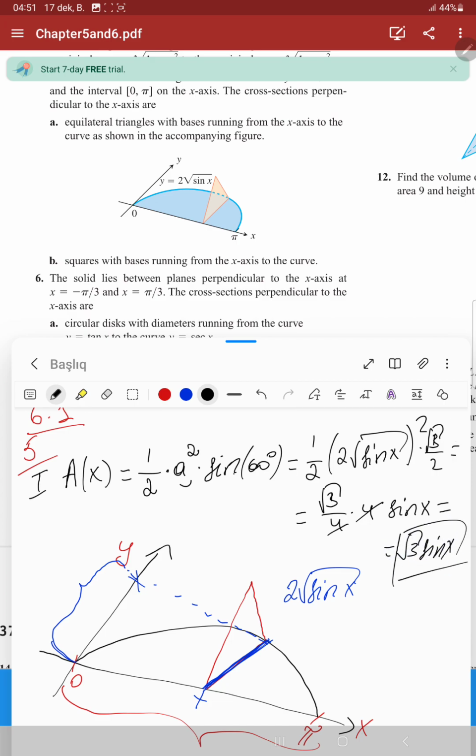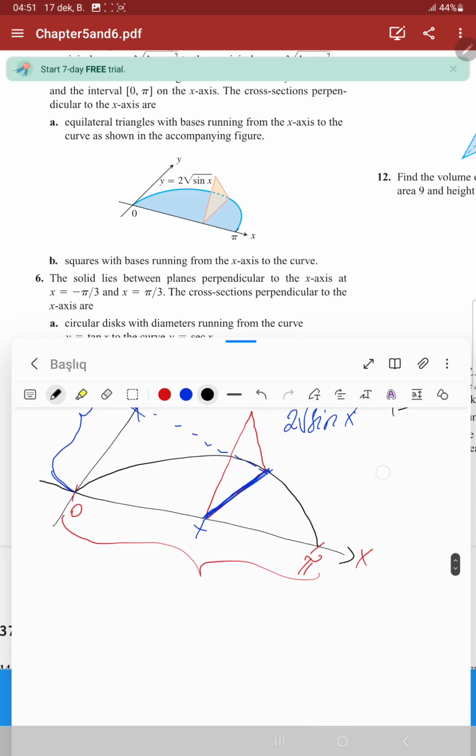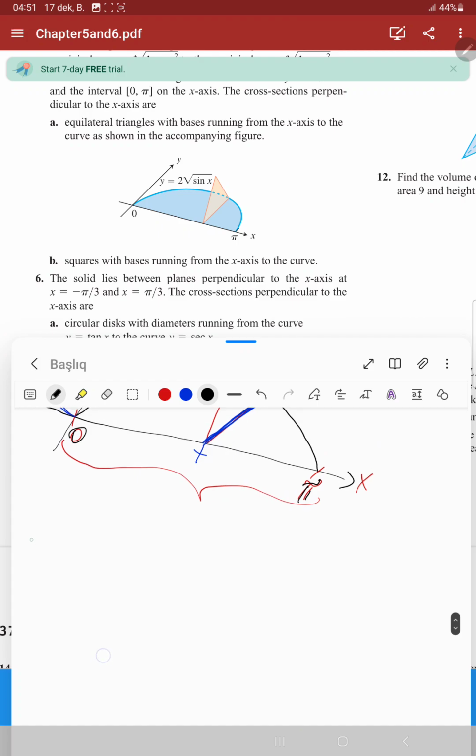Okay, the first part is done. The second part was to define boundaries, and we did it: 0 to pi, obviously. Then we just have to write the volume.